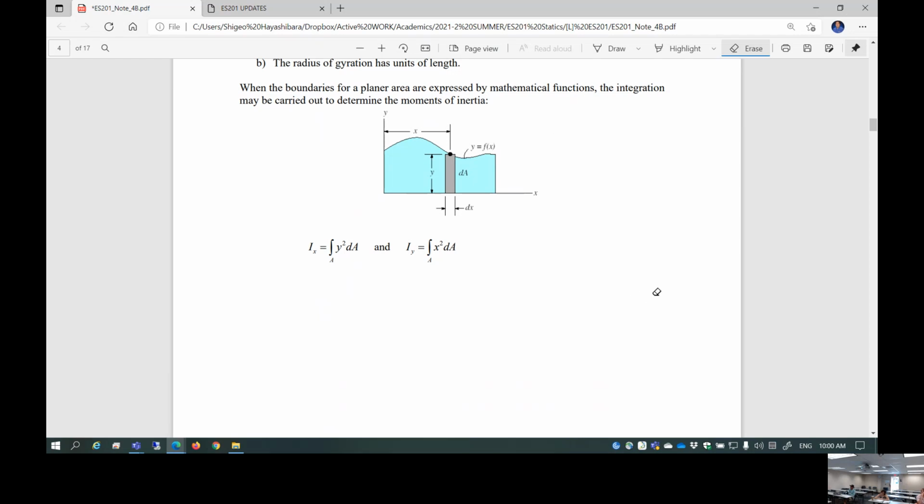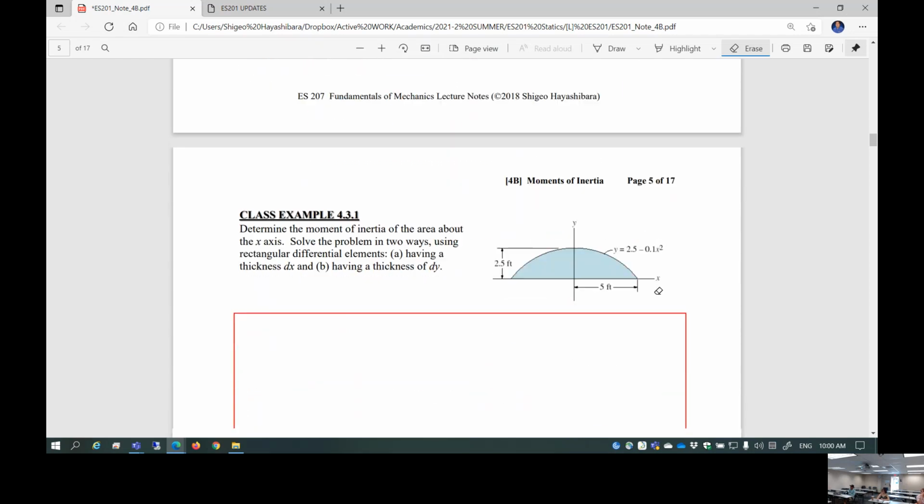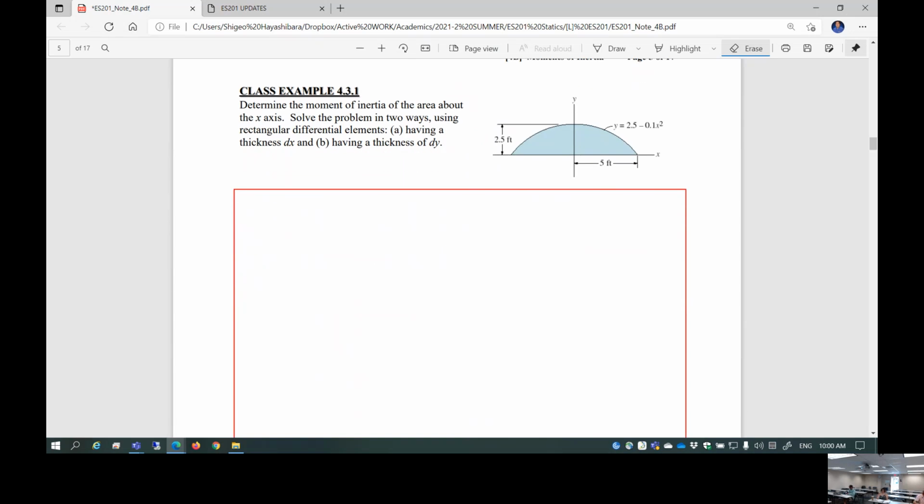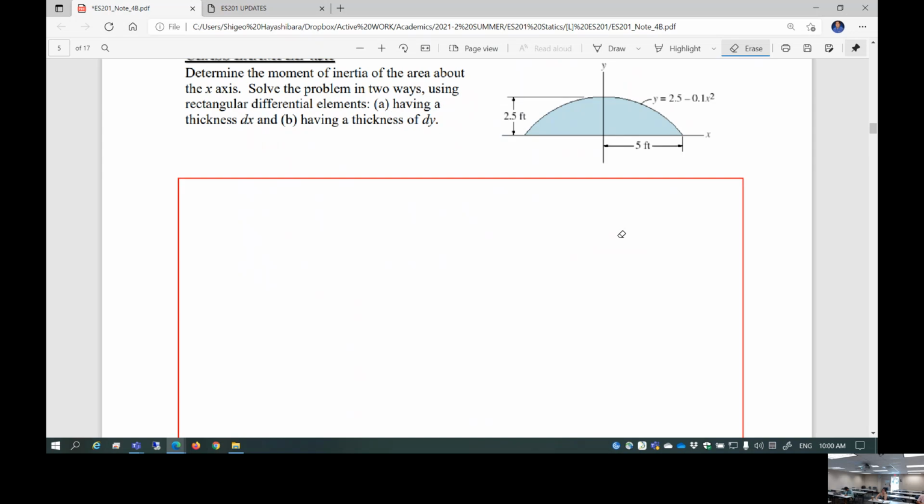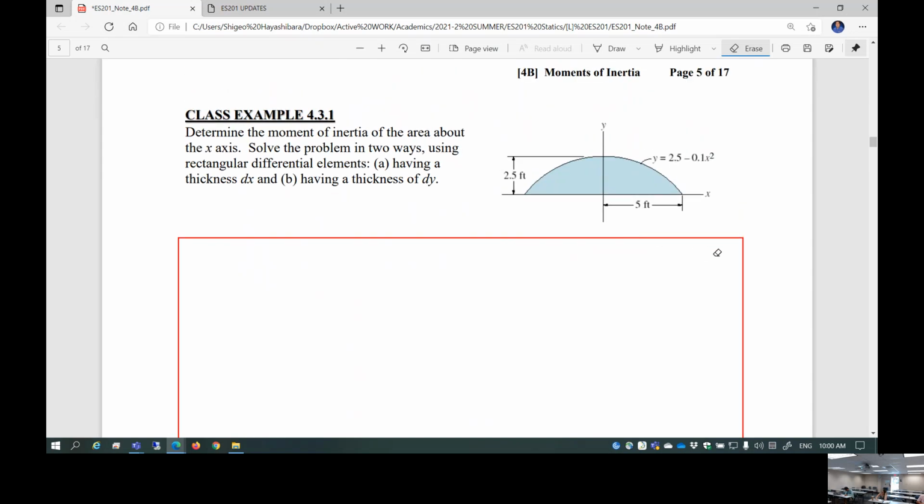So let's just find out those things. Class example 4.31. Determine the moment of inertia of the area about the x-axis. Solve the problem in two ways.